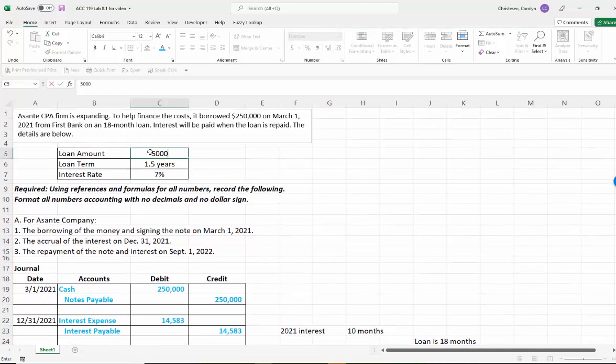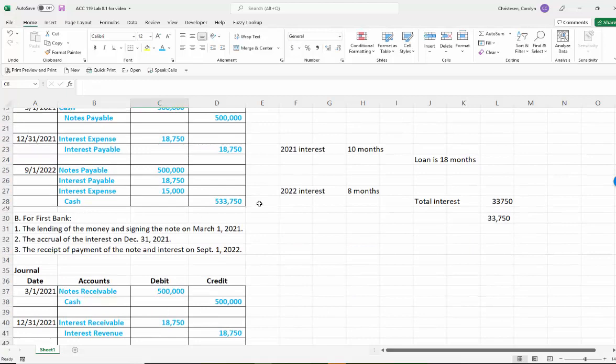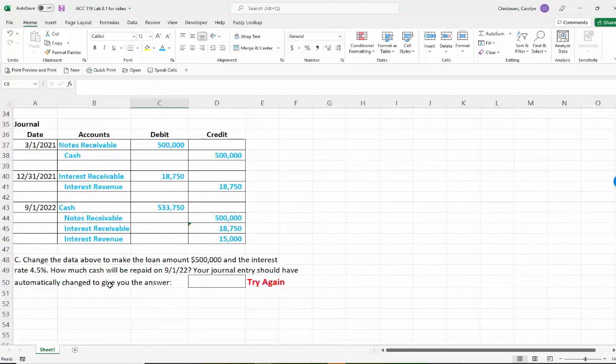So you can do anything with this, right? You can do any problem, and as long as you change the numbers up here and you did everything properly, all of the numbers change for you. So the question here is, how much will be repaid? So we say how much is going to be repaid. It's $533,750. Voila, that's correct.